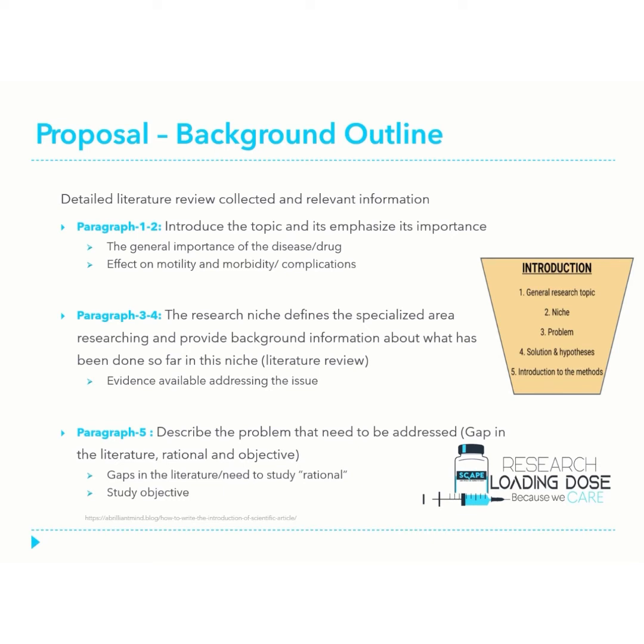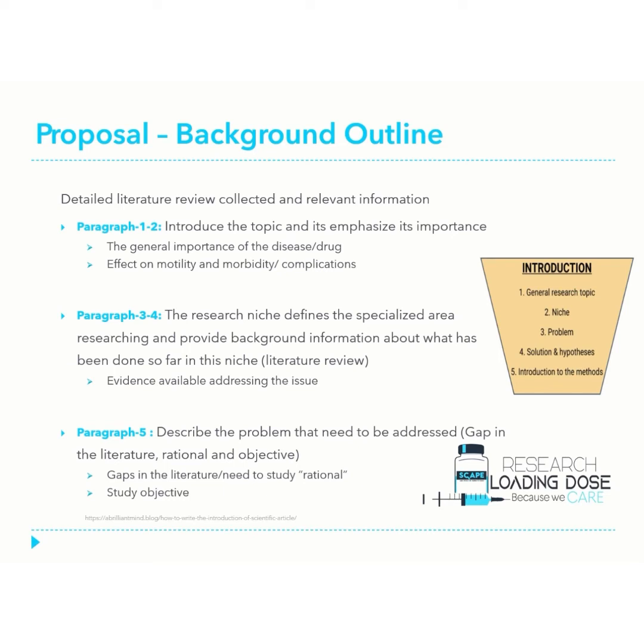So after you did the detailed literature review and collected the relevant information, you will have the first 1 to 2 paragraphs that introduce the topic and the importance of that topic.